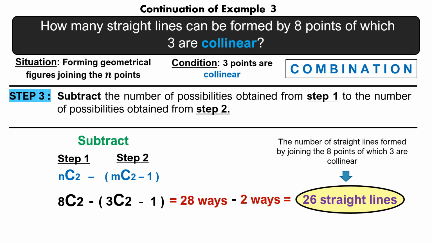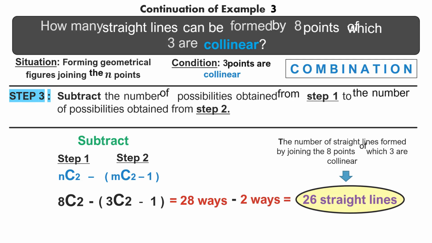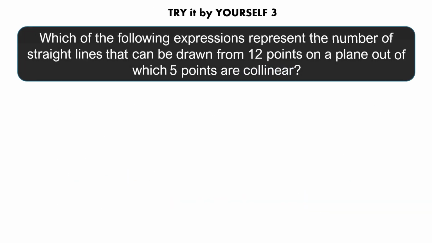Now, let us try it by yourself once again. Let us check if you can answer the next problem similar to this problem situation. Which of the following expressions represent the number of straight lines that can be drawn from 12 points on a plane, out of which 5 points are collinear?